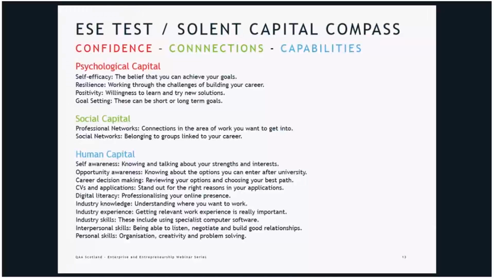So again, just have a moment to look at those. And you'll see that the human capital in many ways is typical of a lot of the classical career management skills that certainly myself as a careers advisor, I've been surrounded by that kind of knowledge for many years.